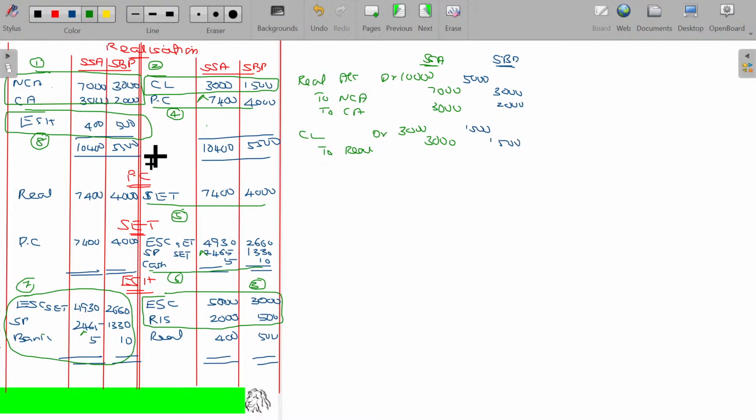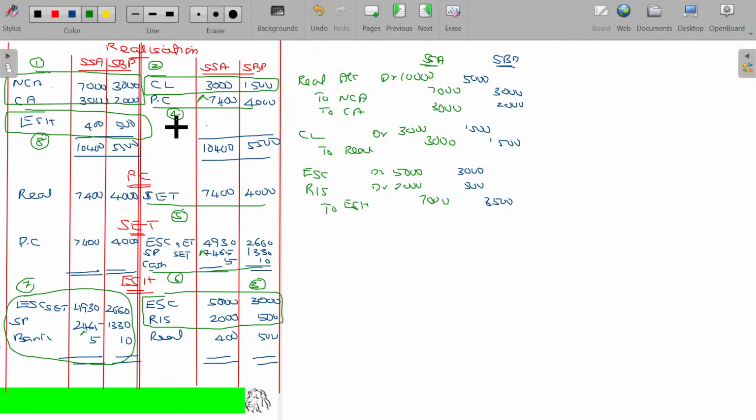Then the third entry is all about equity share capital and reserves and surplus account debit to equity shareholders account. The value being 5,000, 2,000, 7,000, 3,000, 500, 3,500.